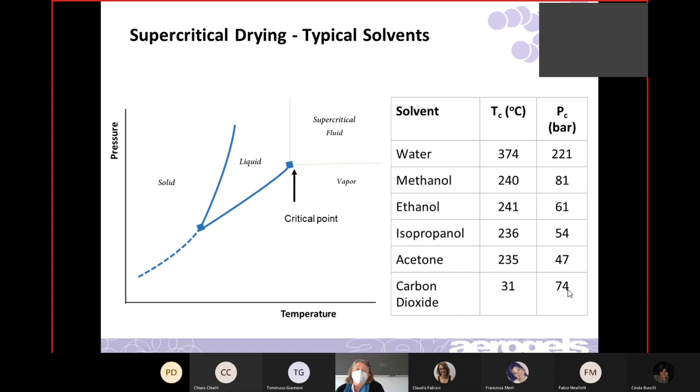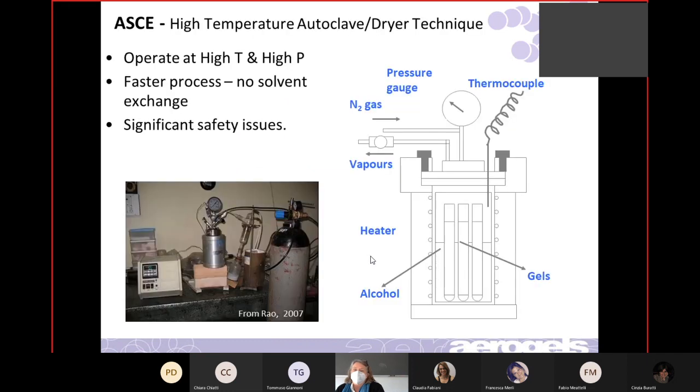Okay, so the technique used for these high temperature alcohol supercritical extraction is typically you have some sort of pressure vessel, right? So this is thick wall, metal, bolted down. This particular example is from Dr. Rao in India.